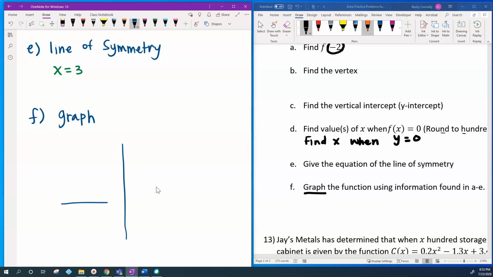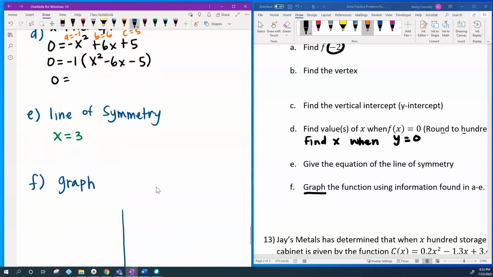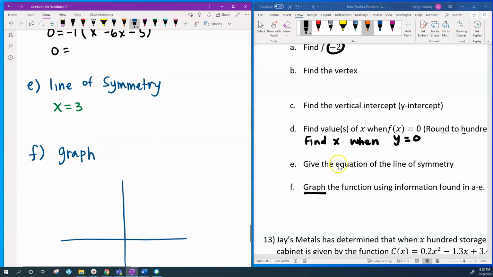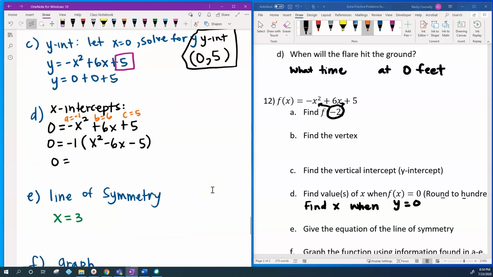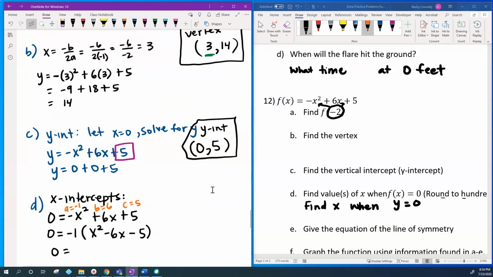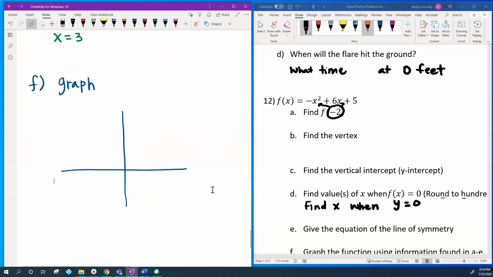So we do know that it's an upside down parabola because of that -1 in front of our first term. And we found our vertex to be (3, 14). So I'm going to plot that one first.